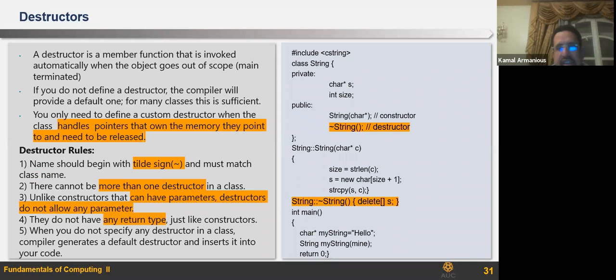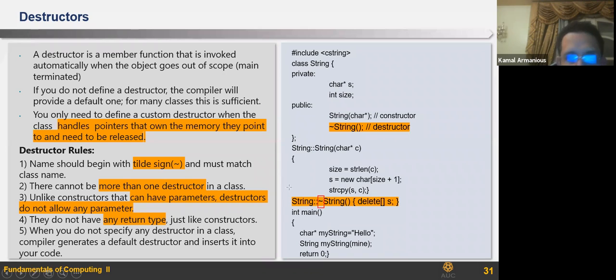Final thing in this lecture, I know it's a long lecture, is the destructor. The destructor is used mainly before you exit the main function. What does it look like?